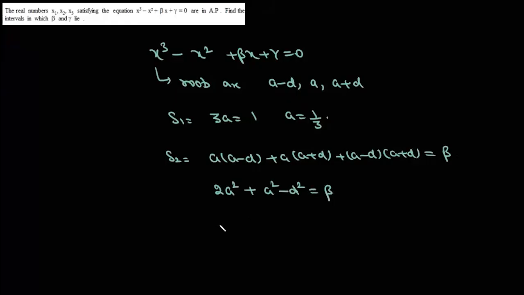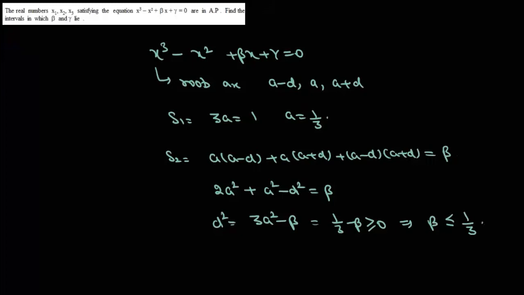It is equal to beta, or we can write d square is 3a square minus beta. Now a is 1 by 3, so we'll get this as 1 by 3 minus beta. Now d square should be greater than or equal to 0. So from here we'll get the condition that the value of beta must be less than or equal to 1 by 3. Now we need to find a range of gamma.